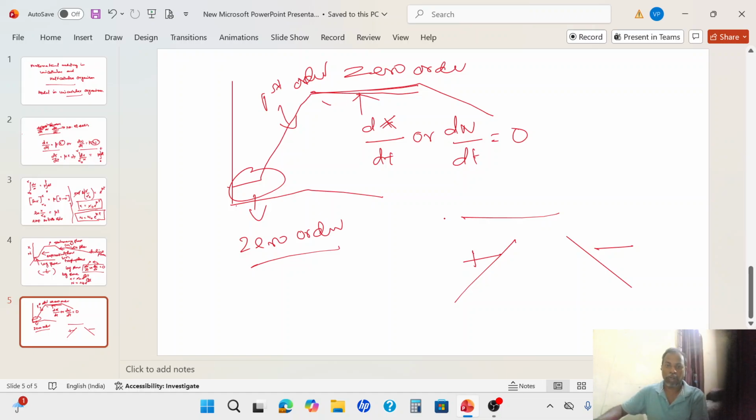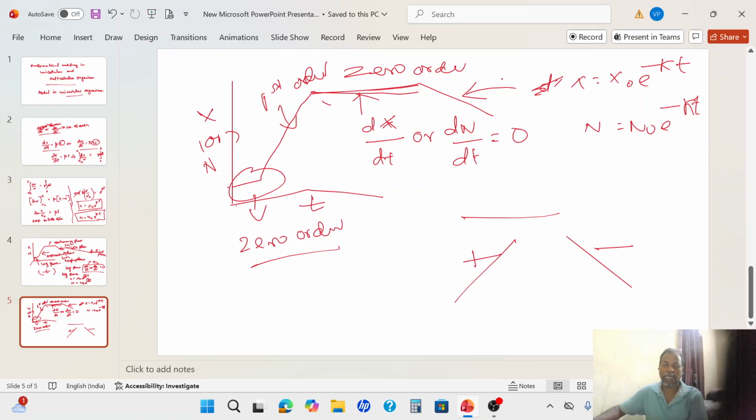So coming to this model, here x or n with respect to time. The model here is x is equal to x naught e power minus kt, or n is equal to n naught e power minus kt. Here this minus sign denotes the decline in the growth of the cells or decline in the number of cells.